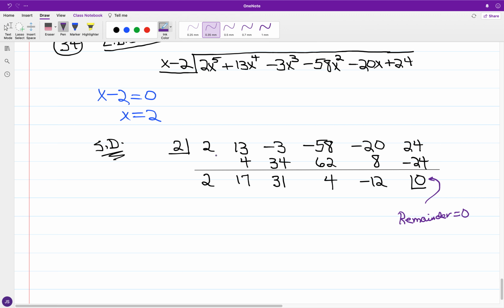And in terms of how much x minus 2 will go into this fifth order polynomial, the numbers prior to the remainder will indicate just what the quotient will be.